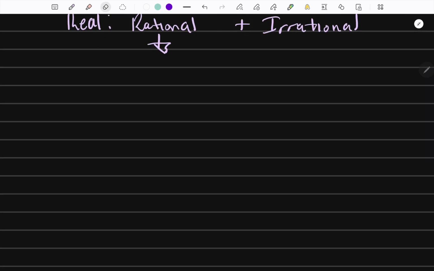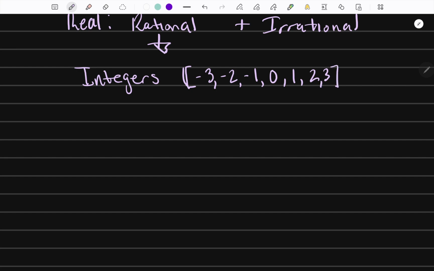Then we have rational numbers, which is composed of integers, which we know as negative numbers, and then integers is composed of whole numbers, where whole numbers start from 0, 1, 2, 3, and so forth.